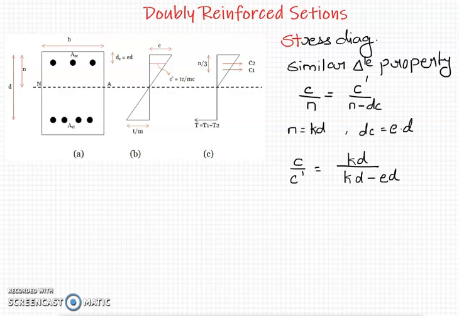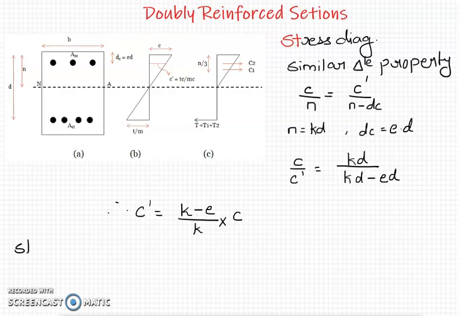So then C dash can be written as, if I take this D common out and it will cancel out, then I'll have K minus E upon K multiplied by C. So I've just cross multiplied, taken this C dash this side, D and D gets cancelled. You can just simplify this equation and get the value of C dash here.